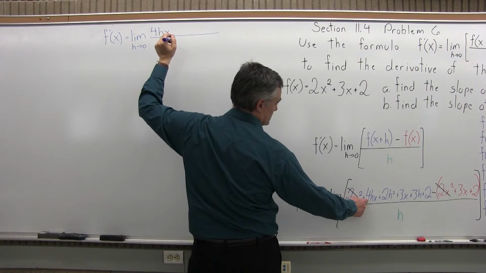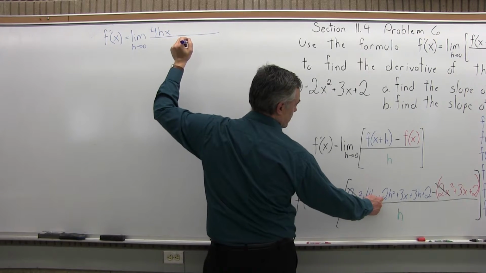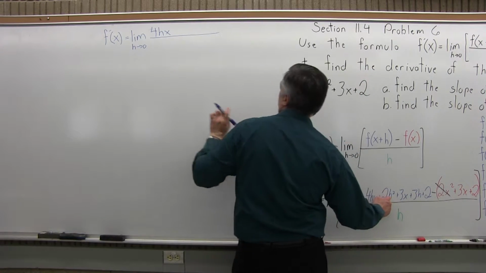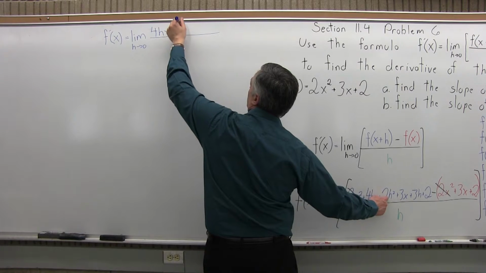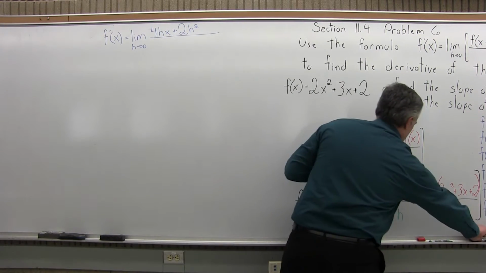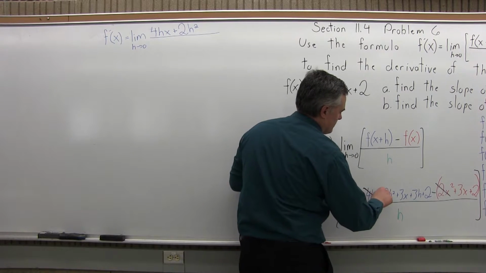Then plus 2h squared. The 2h squared has no other h squares that it will combine with.